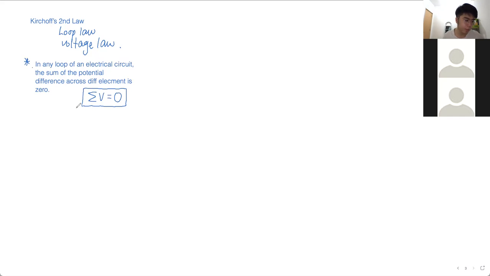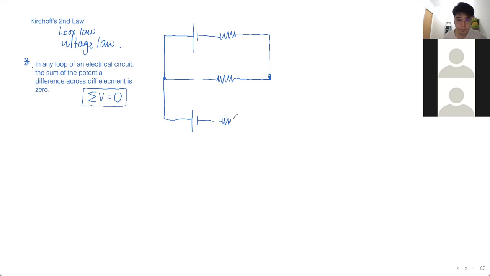In any loop, what does it mean? For example, let me give you one example here. Let's say we look at a circuit with R1, R2, R3, E1, E2.